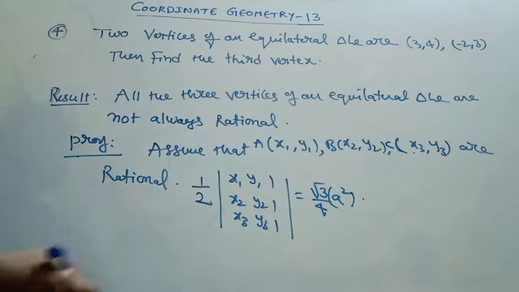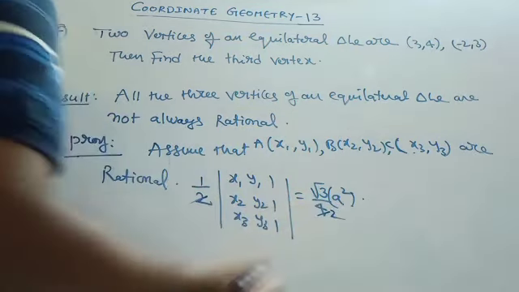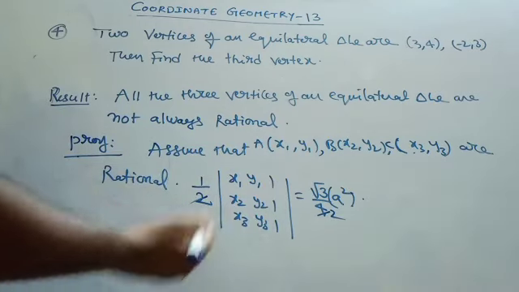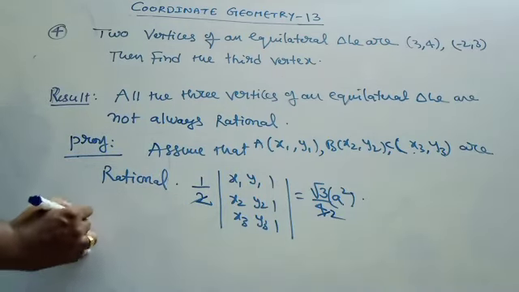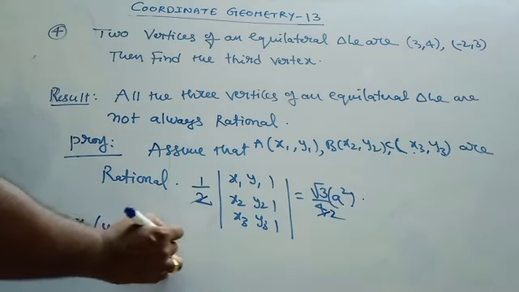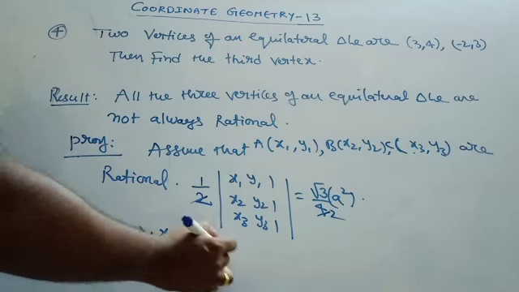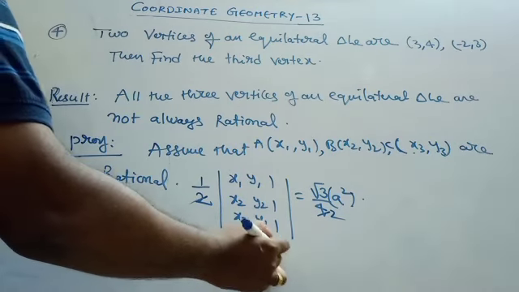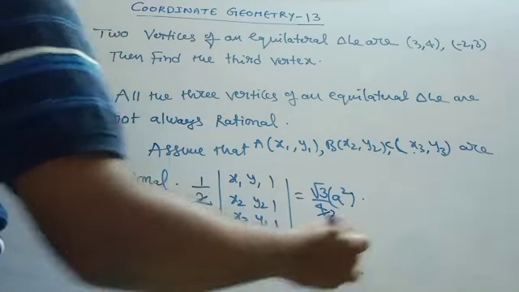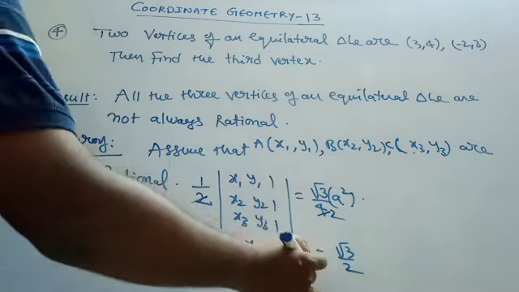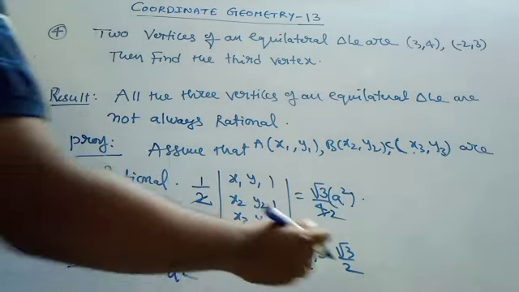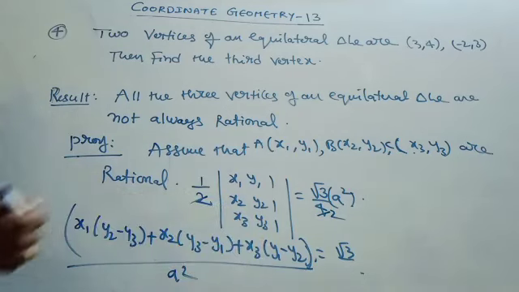You see, my dear students, here these two will cancel, and when you simplify, you get x1 into (y2 minus y3) plus x2 into (y3 minus y1) plus x3 into (y1 minus y2). This is equal to root 3 by 2 into a square; you can bring that 2 to this side.